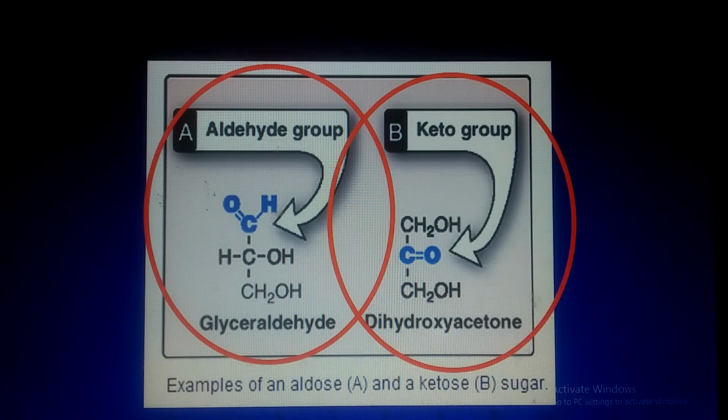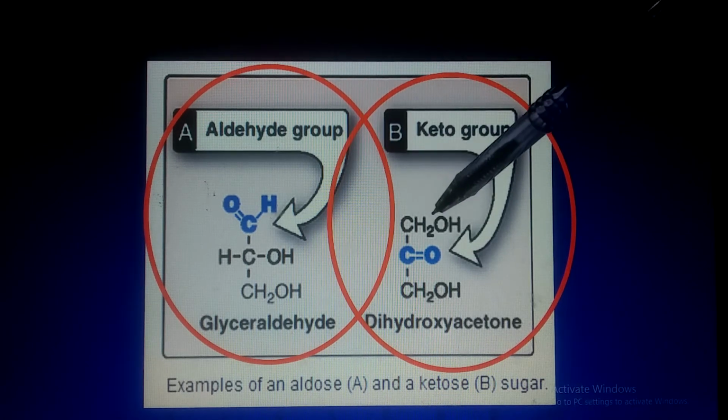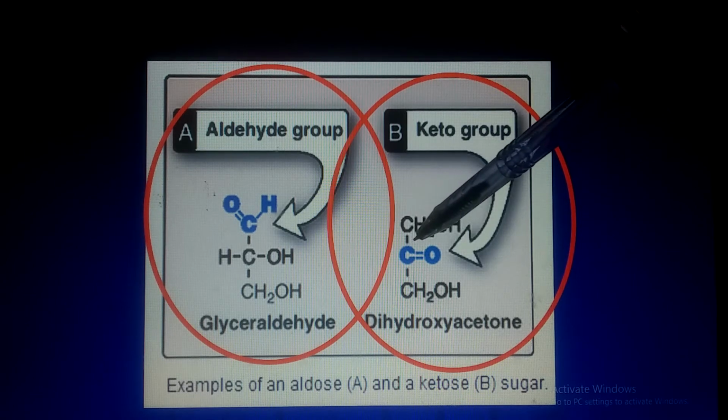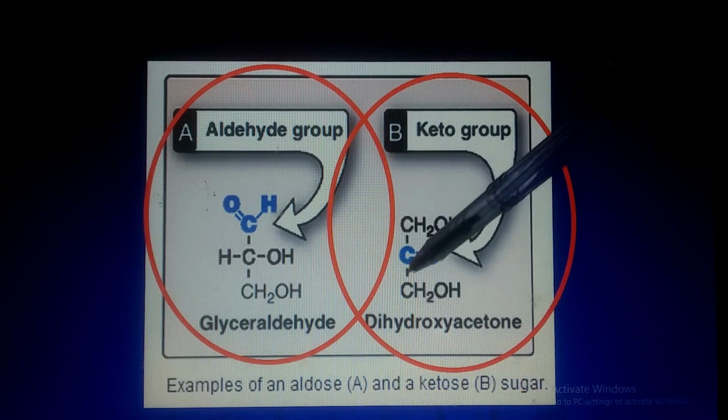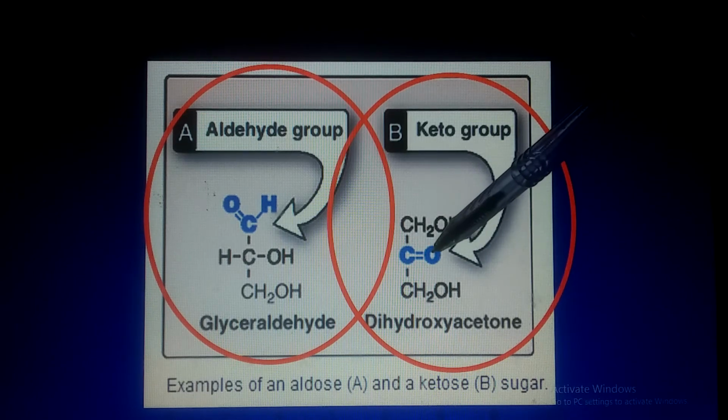Now, this is the aldehyde group, C double bond O H, COH. The simple aldehyde formula is COH. And the ketone formula is C double bond O with 2 alkyl groups, and this is the central carbonyl carbon with oxygen.